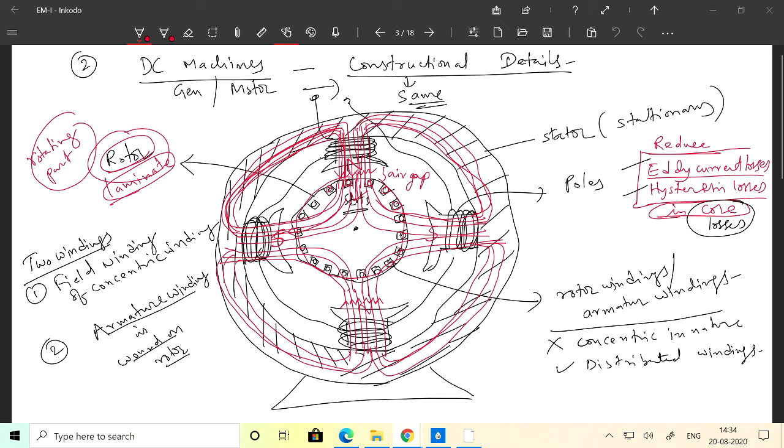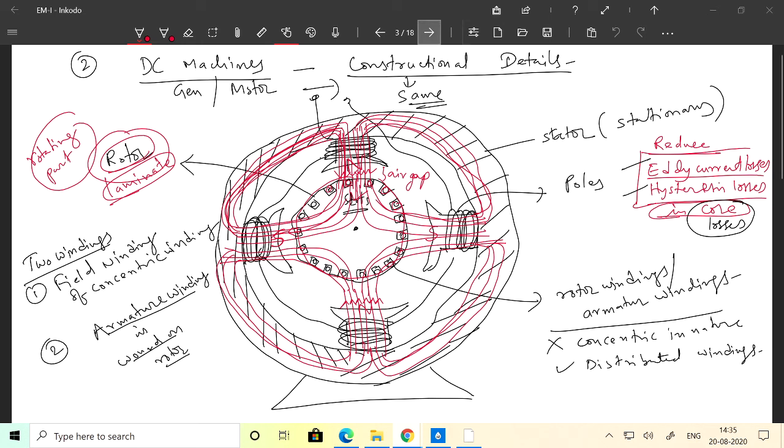All DC machines will have a stator, poles connected to the stator, and pole windings placed on the poles, and the rotor is a rotating body having slots to accommodate the armature winding.